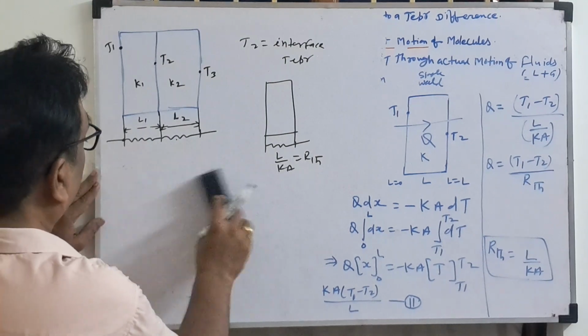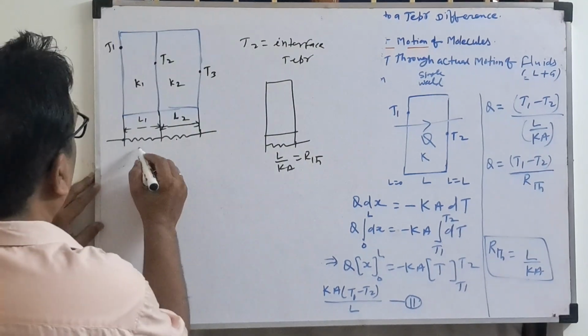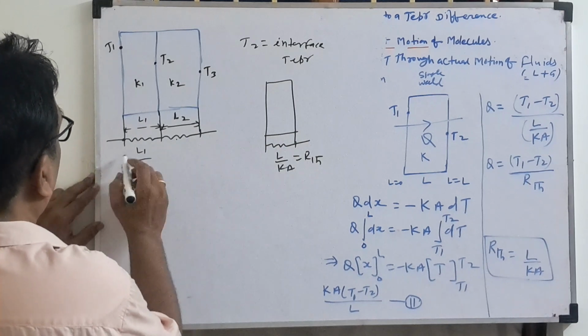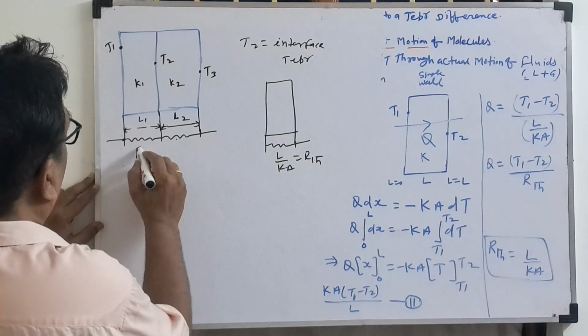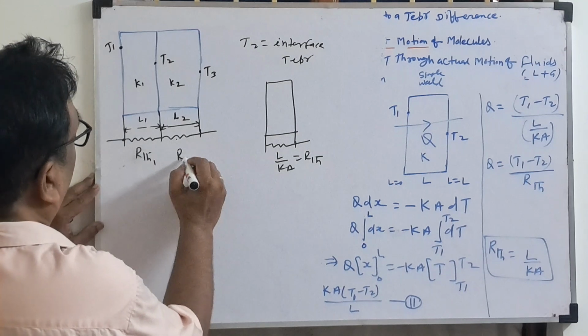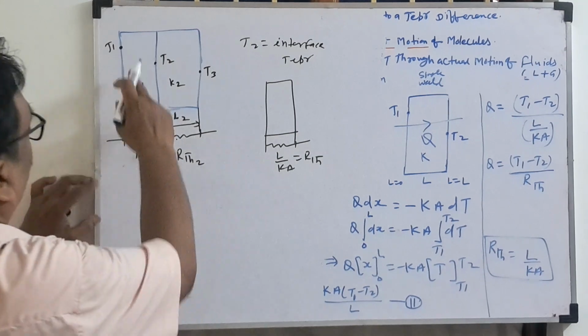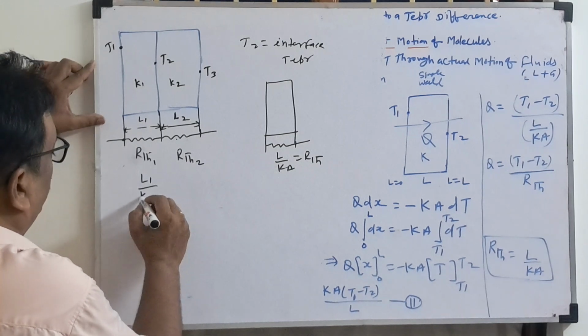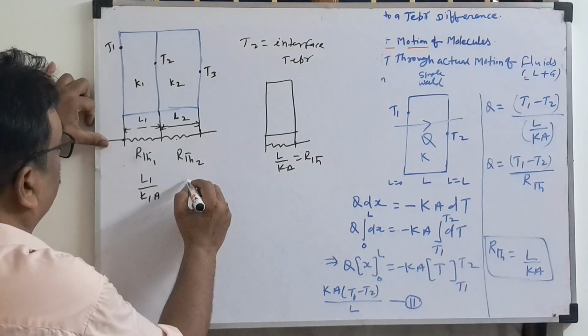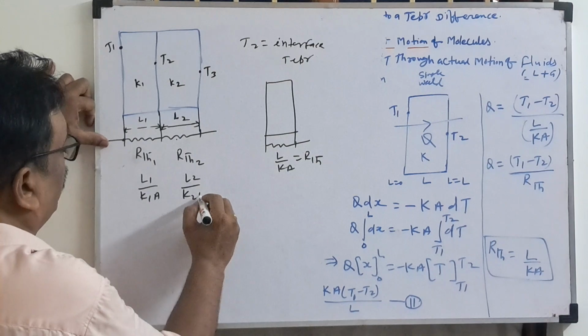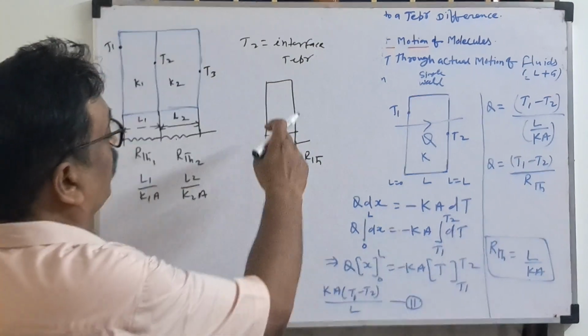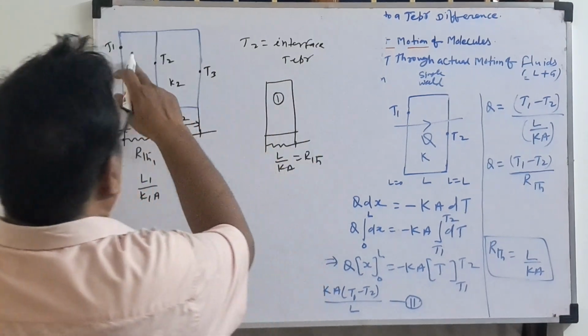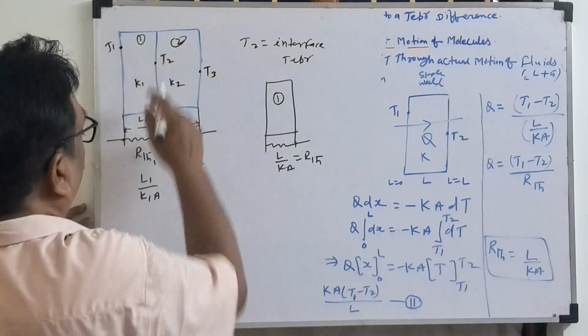So thermal resistance R thermal 1 and R thermal 2: the thermal resistance of the first wall and of the second wall. This is nothing but L1 by K1A, and this is L2 by K2A. This is the formula for double wall, wall 1 and wall 2.